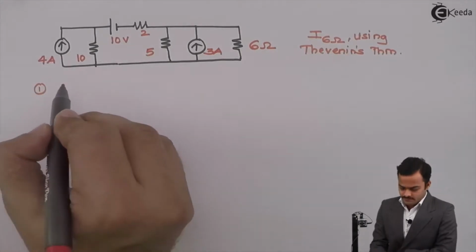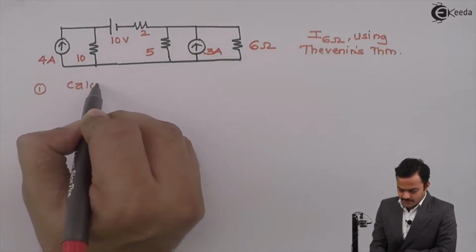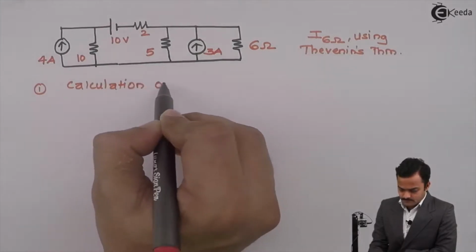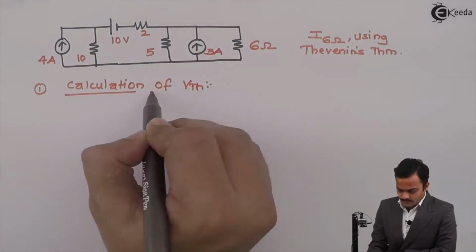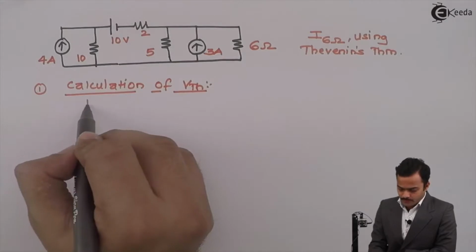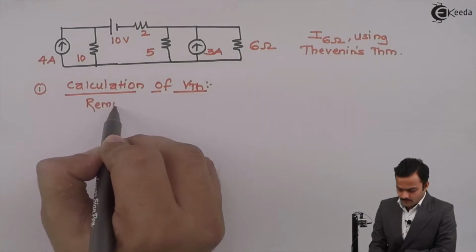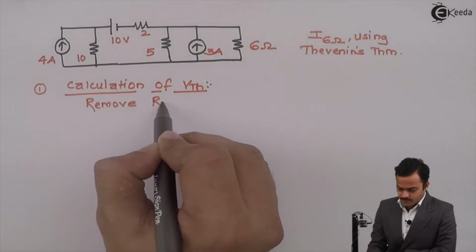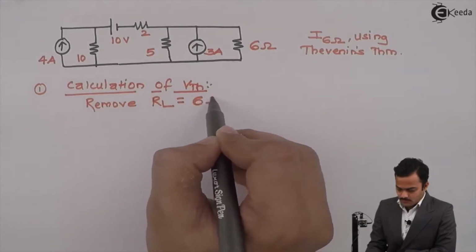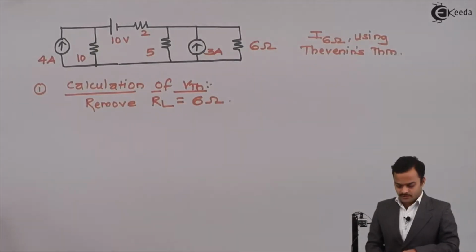Step number 1, calculation of VTH. For this we need to remove RL. RL in our case is 6 ohm, so let's remove the 6 ohm resistance.